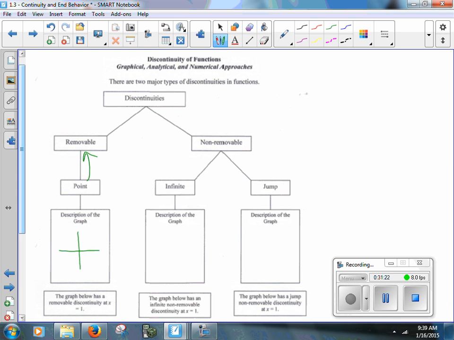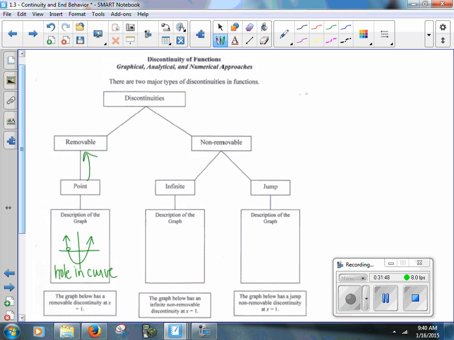It had a hole in it. Okay, let's draw a parabola with a hole in it. Hole in curve. Because that's what it is, right?